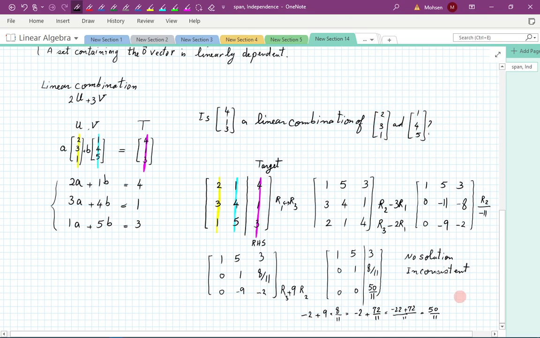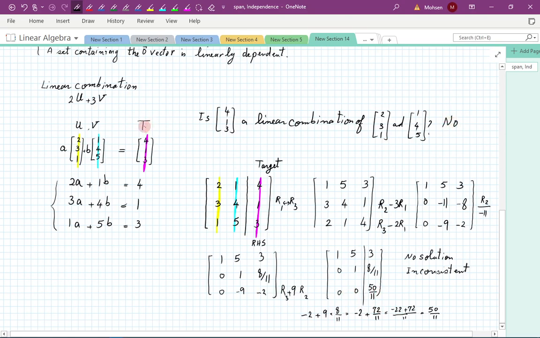What's the answer now? No, there isn't, because I cannot find any a and b that solves the equation. There is no a and b that when you multiply by 0 you get 50 over 11. That's just impossible. So the answer is simply no.